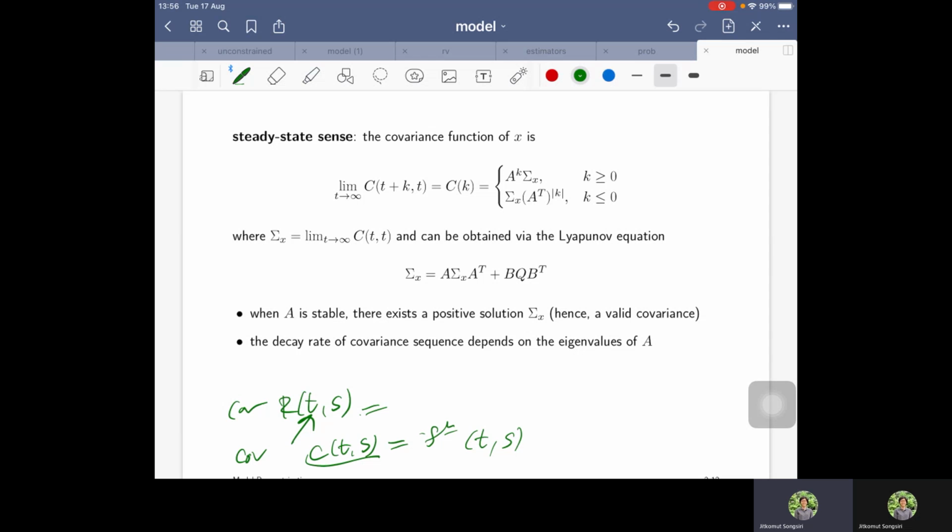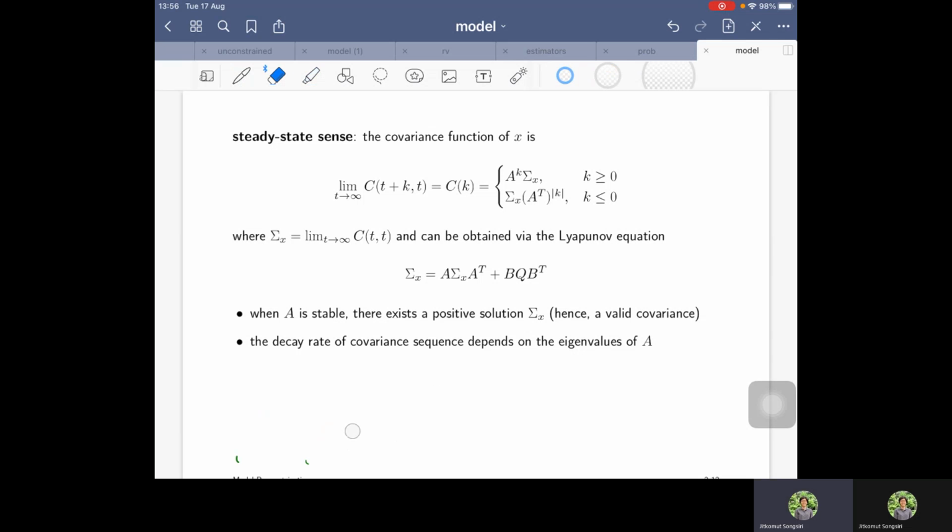But if they're wide sense stationary, it's going to be a function of t minus s only. So that's the definition.